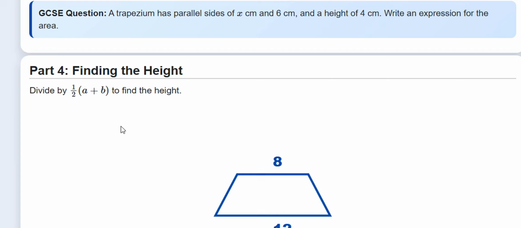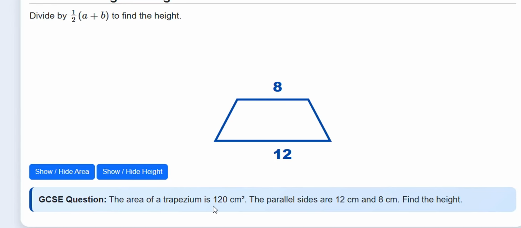Sometimes you can also be given the area itself, and then you are given mainly 2 of the sides and told to find the remaining side or the height. Like in this question here, you are told the area of a trapezium is 120 centimeters squared, and the parallel sides are 12 centimeters and 8 centimeters. Find the height.